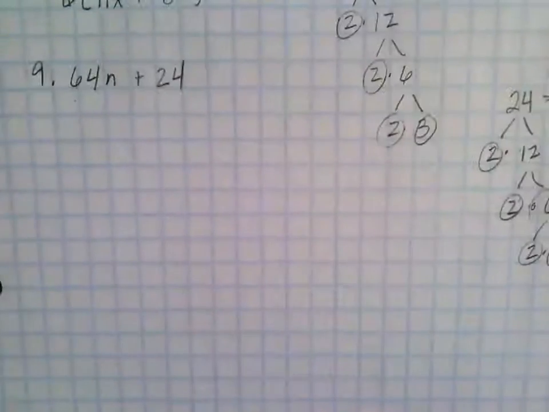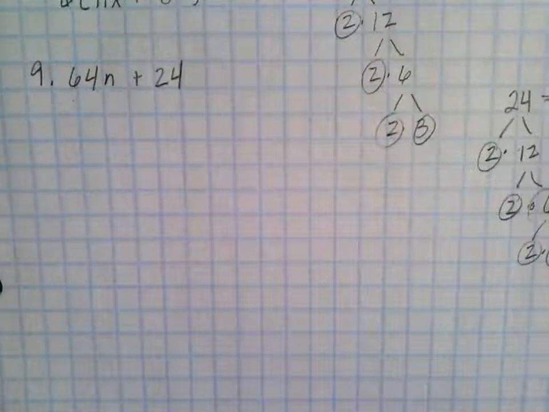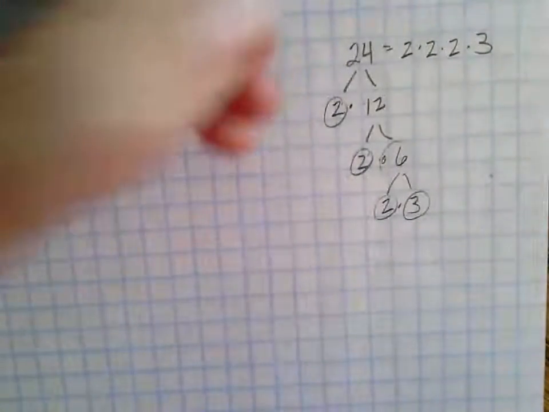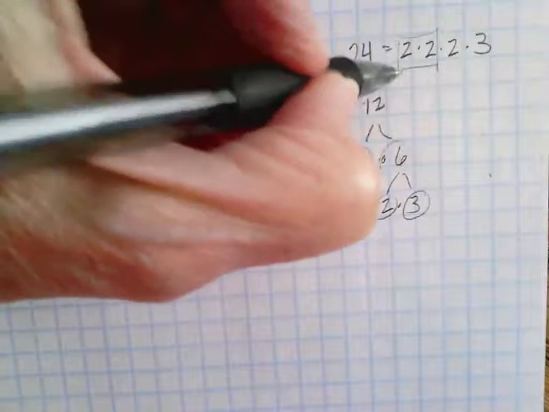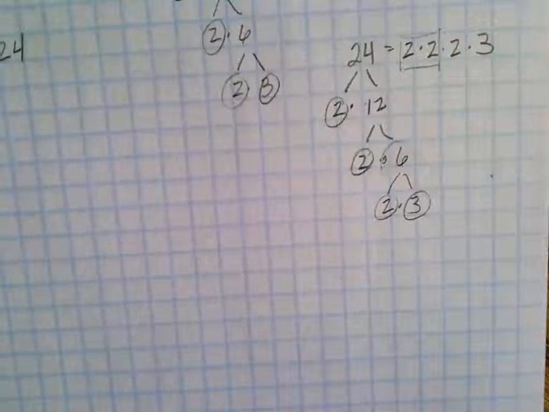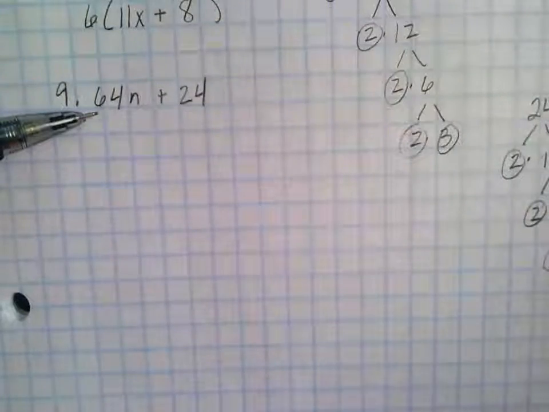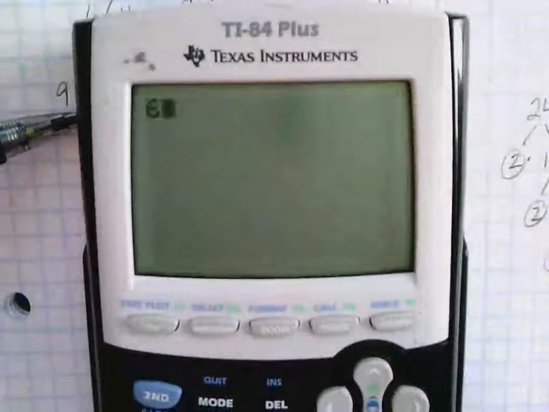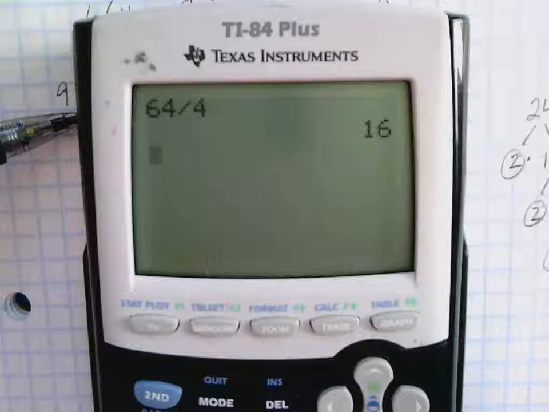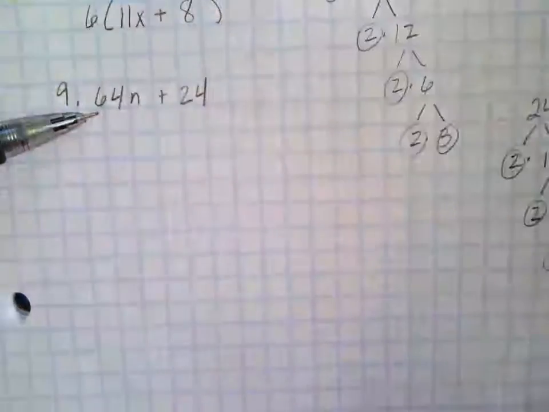And I could factor out 64, but I could also just look at these and say, well, 2 times 2 is 4. Is 4 a factor of 64? And again, I can use my calculator. Well, it is. Let's see if it's the greatest one, though.